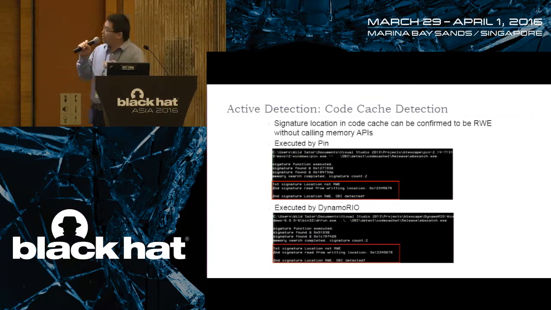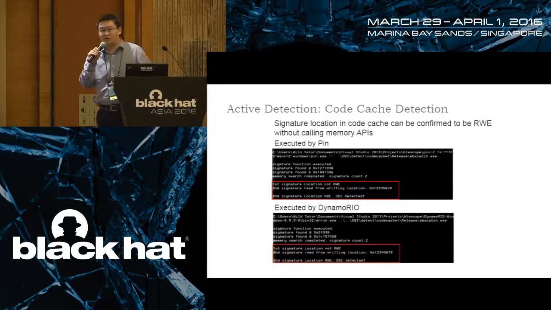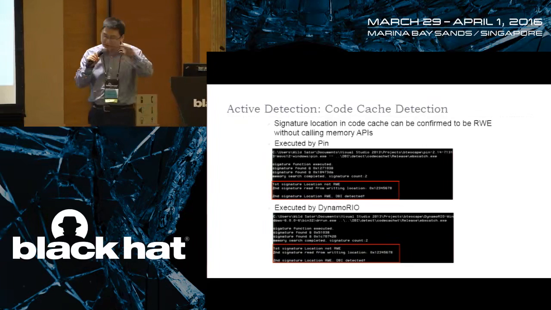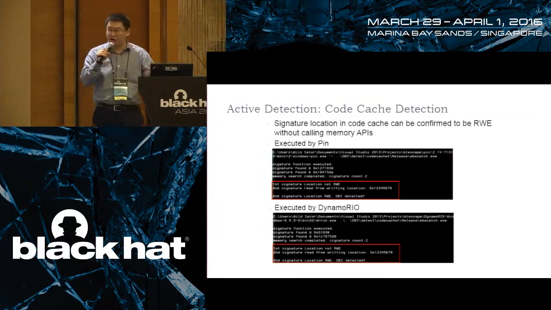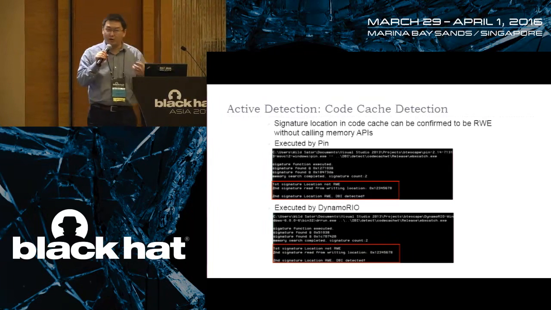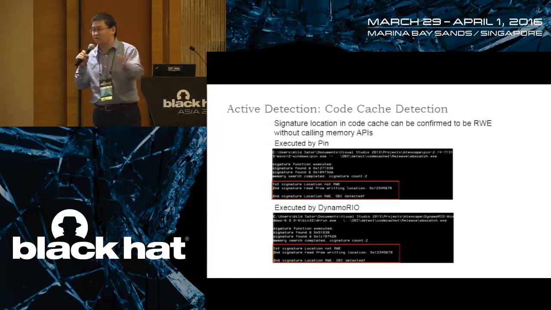Once you get multiple copies, how do you detect that the code is read-write-executable? That's one interesting thing, because sometimes the DBI will hook system APIs, for example VirtualQuery, to block you from getting the real properties of this memory. So you have to think about how to avoid this kind of API call.